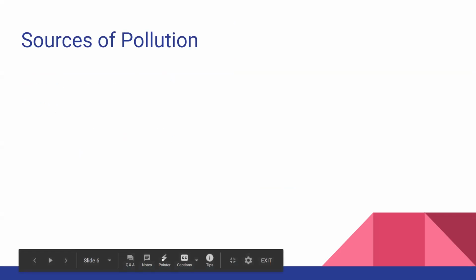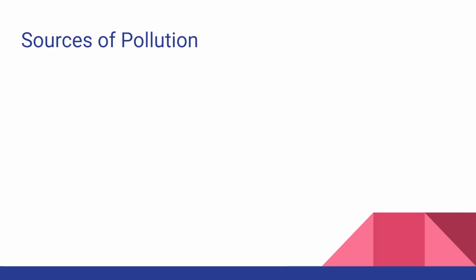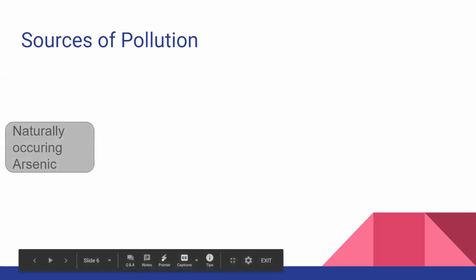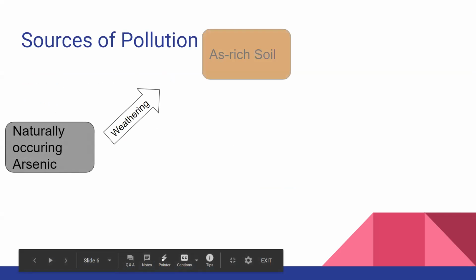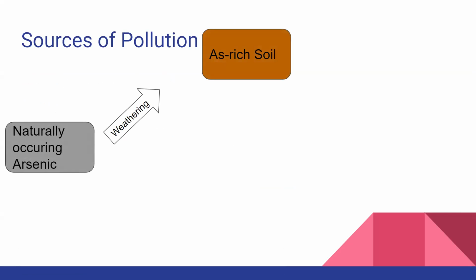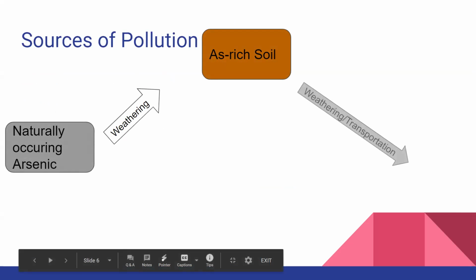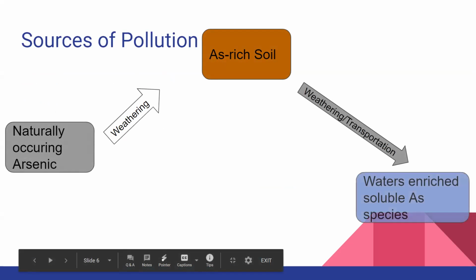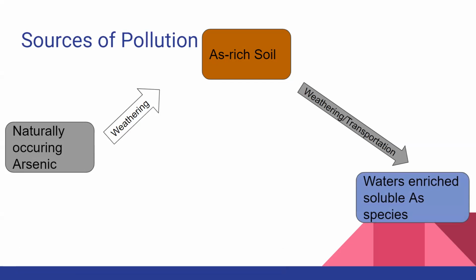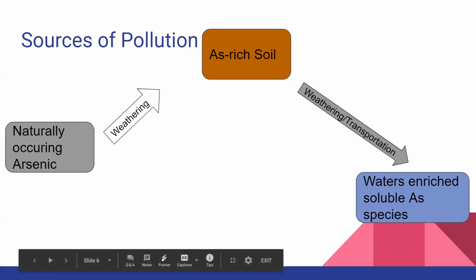So I'm just going to give you a brief overview of how mining affects the amount of arsenic within an aqueous system. So what happens is there's naturally occurring arsenic as some mineral, and then the mineral is weathered, resulting in an arsenic-rich soil, and then more weathering and transport, and then these soluble arsenic species are deposited in an aqueous system, like a river.